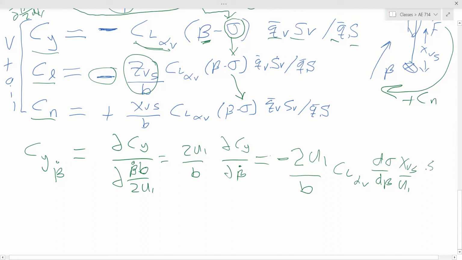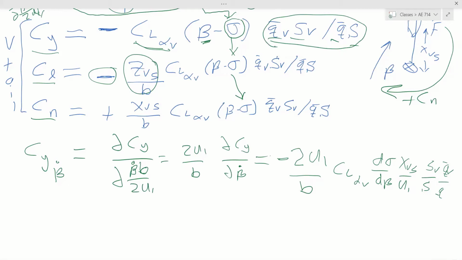And then we have SP over S Q bar V over Q bar. So that's just all the stuff that goes along with the sigma up there. You guys all good with that derivative? All right, all these terms just went along for the ride. These terms came from the D sigma D beta dot.